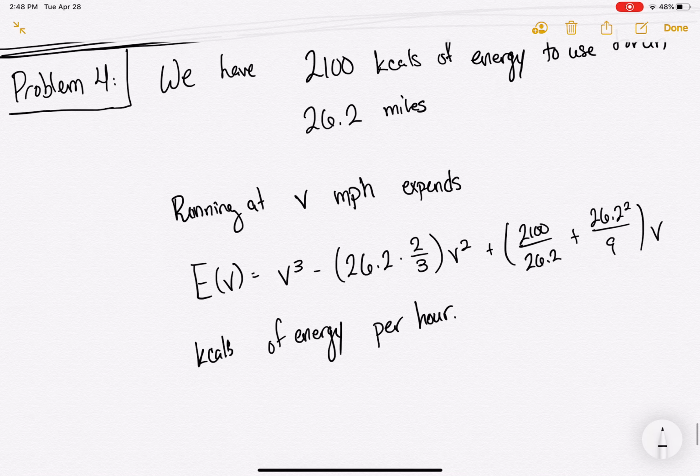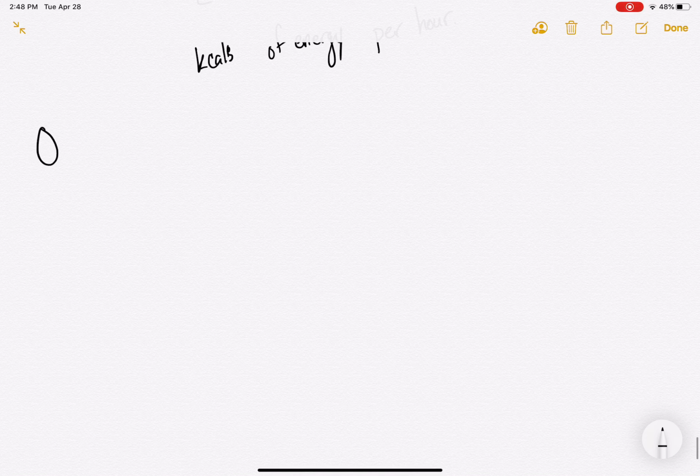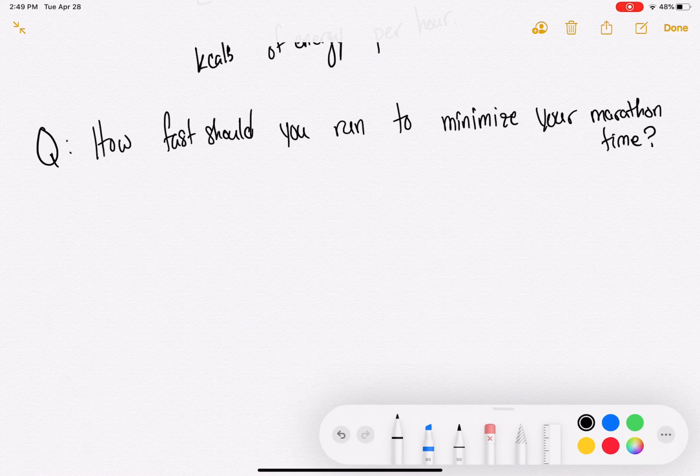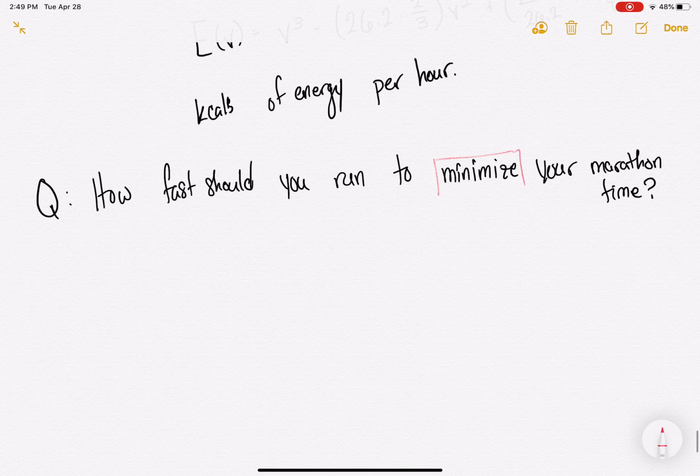Okay, and then I asked the actual question: how fast should you run to minimize your marathon time? I think all of you are recognizing these words now that I've written them down so often.